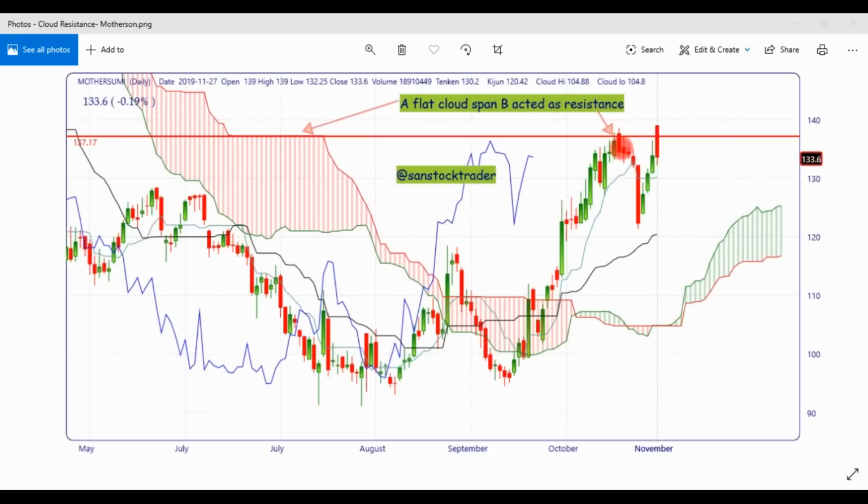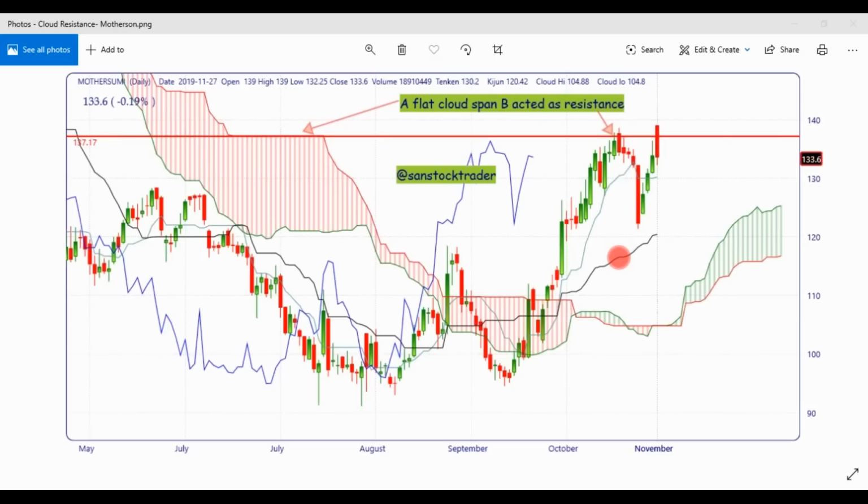I again repeat, when price is too far from Kijun-sen, it is considered overbought, and buying at this level is not advisable. Look at this price. Kijun was close to 115 and price was around 140, too far from the Kijun-sen. That means Motherson Sumi was overbought. So I personally will not buy at this level.